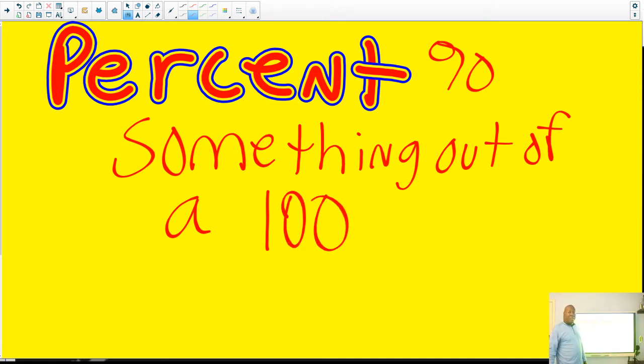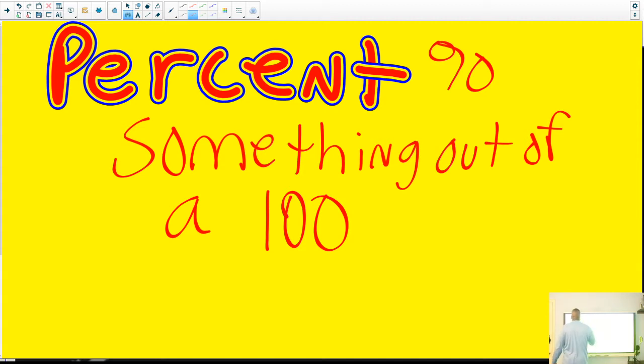That's right. 100% is a whole. You can have more than 100%, believe it or not. You can have 1,000%. But today, we're going to be stopping at 100%. Everybody get it? Percent is something out of 100.